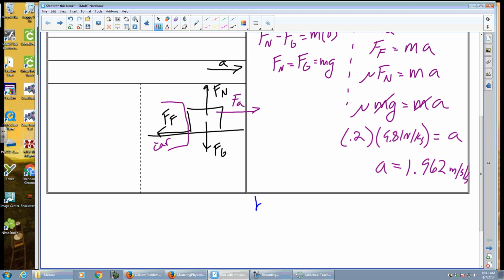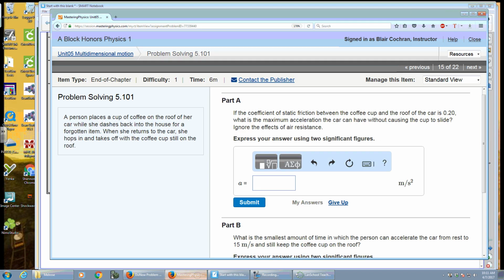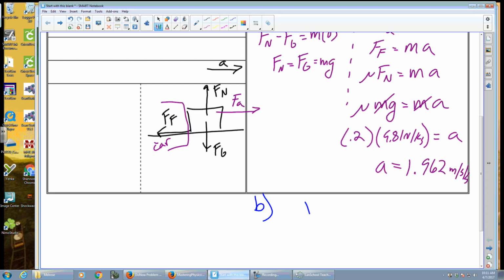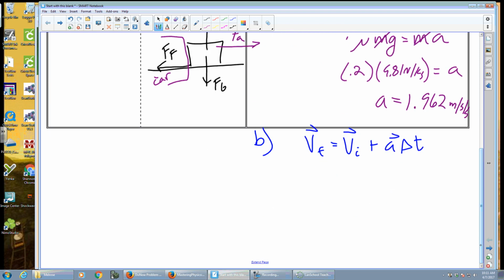In part B, it asks, smallest amount of time the person can accelerate the car from rest to 15 meters a second. So I'm going to use V final equals V initial plus A delta T from our equation sheet, which if you don't have one, there are new copies in the back.